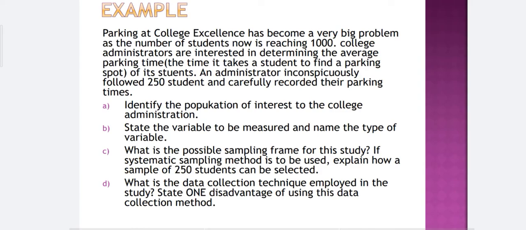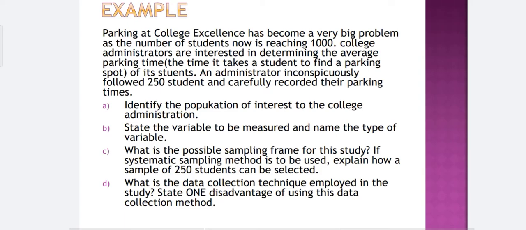But here, because 250 samples is too many, it is enough to do up to 5 and put dots next to it. So let's say the first one will be the fourth car, the next one will be the 8th car, the next one will be the 12th car, the next will be the 16th car and so on. Okay, that is how you explain the sampling technique, the systematic sampling procedure.